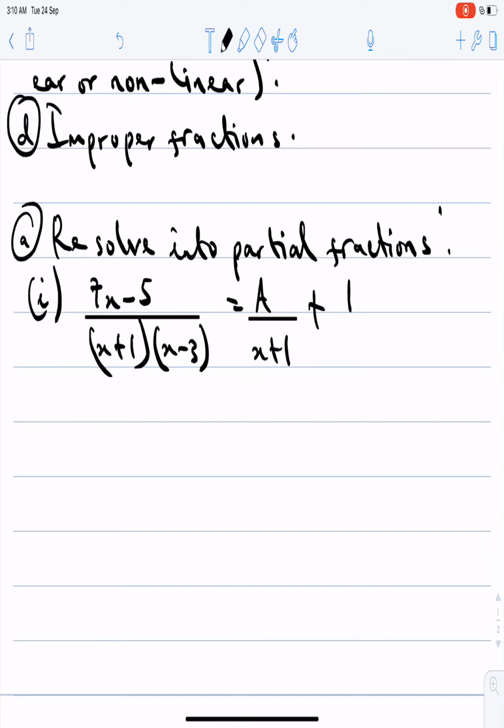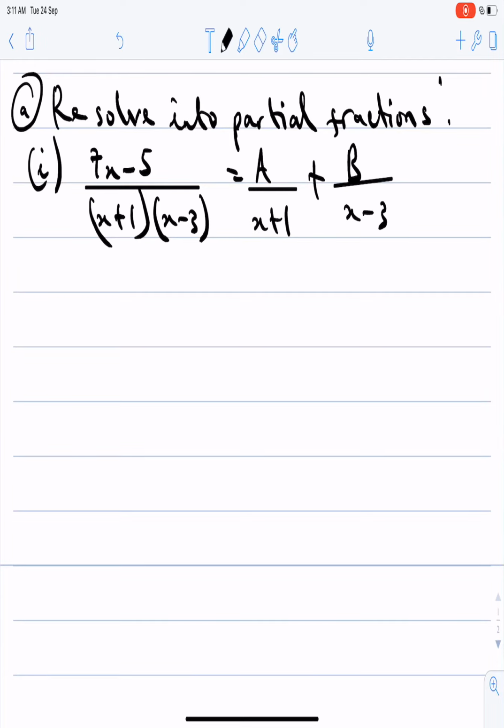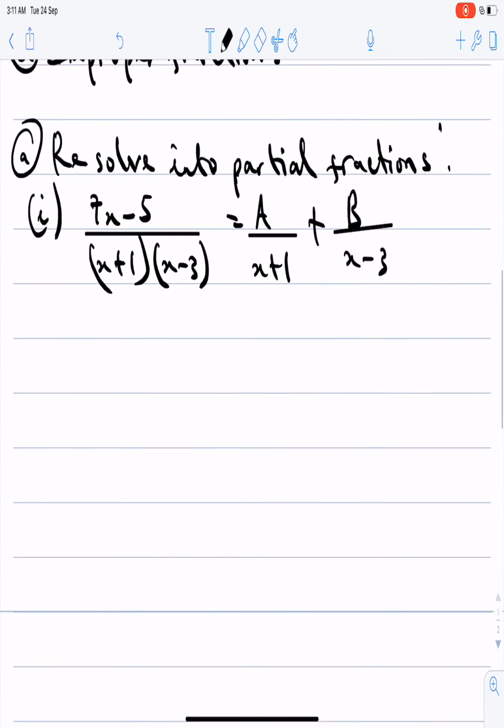So the numerator of its partial fraction is also a constant, b over x minus 3. What that means is that if the factor at the denominator is a polynomial of degree 2, that's a quadratic factor, you assign a polynomial of degree 1, which is a linear factor, to the numerator of its partial fraction. You see how that works as we move on.